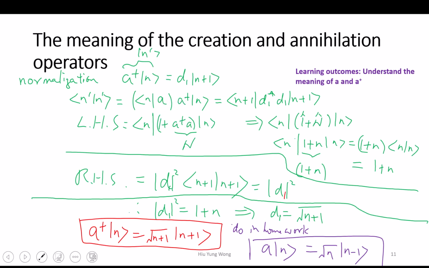But we remember that I copied from before: A A dagger equals A dagger A minus, which is equal to 1. That's why I substitute A A dagger equal to 1 plus A dagger A. Yeah, I replace by this.